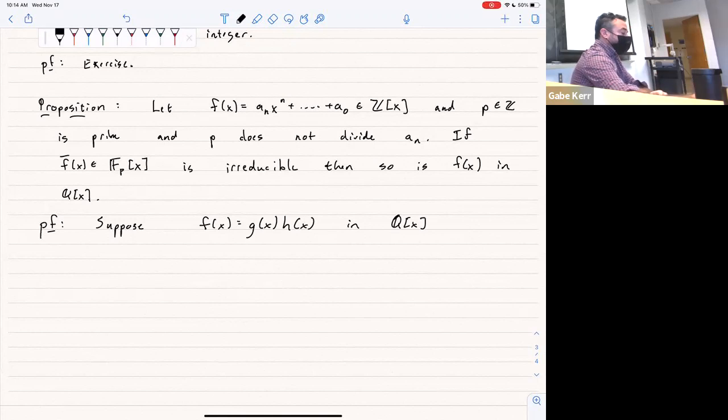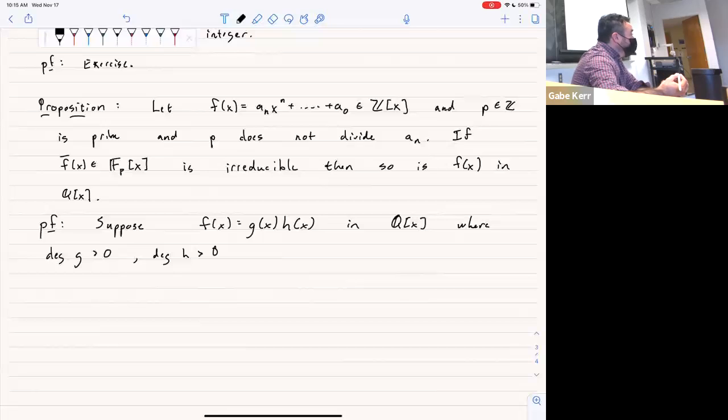Here I'm going to assume that g and h both have positive degree. Otherwise I've just got one of these or different. It's reducible.